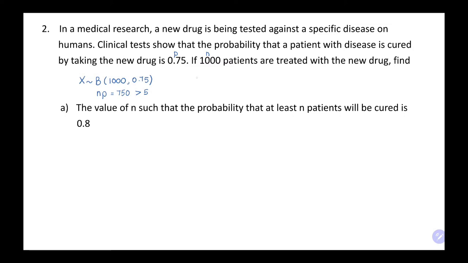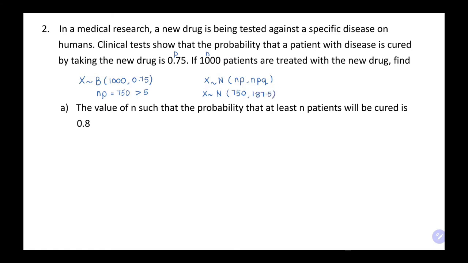Means we need to change to normal. X normally distributed with NP and NPQ, mean and variance. So we get N times P is 750, and NPQ we have 187.5.